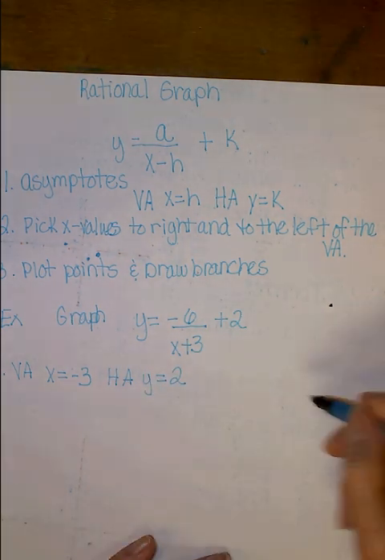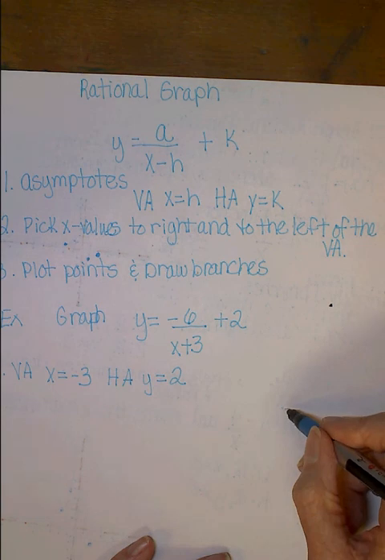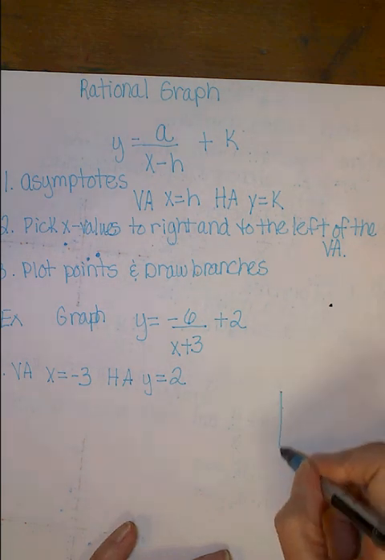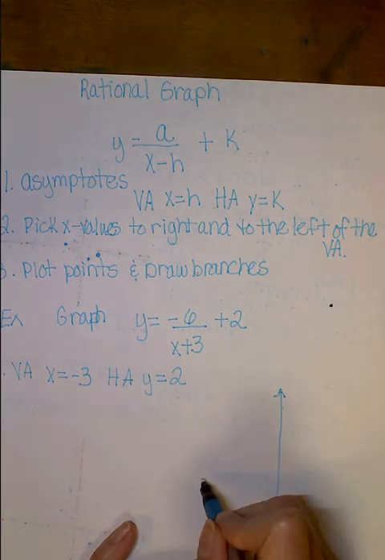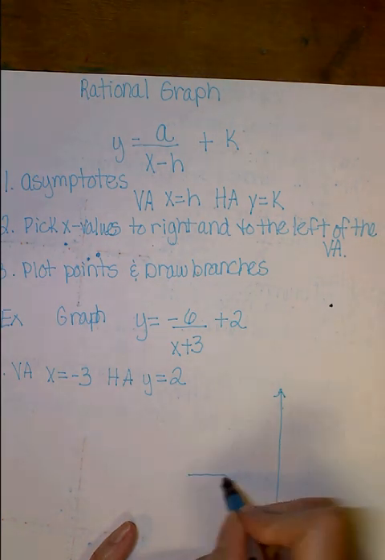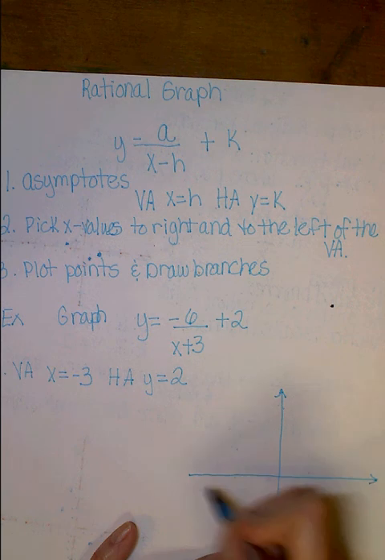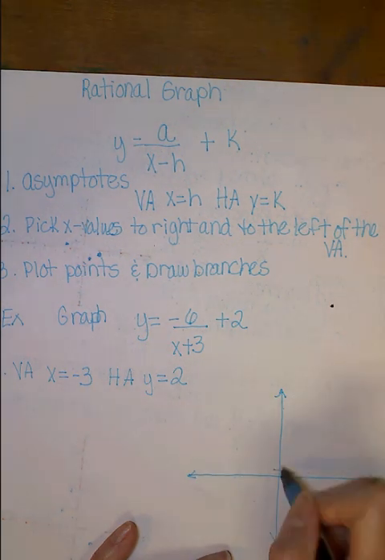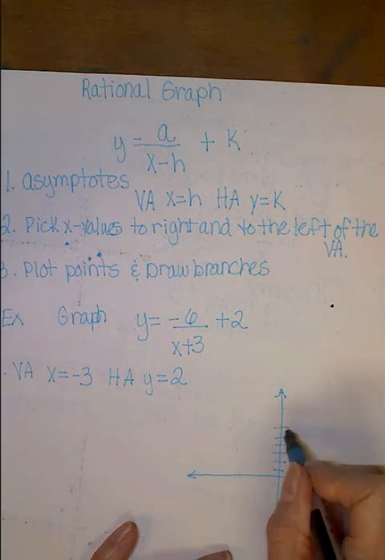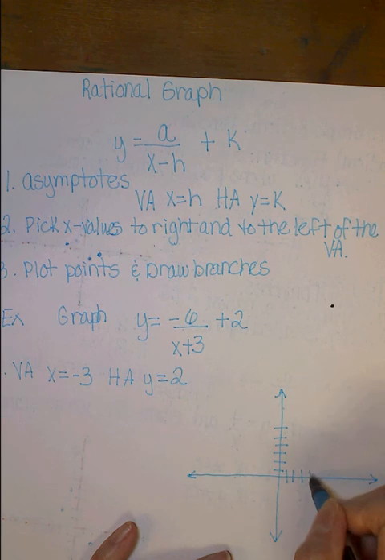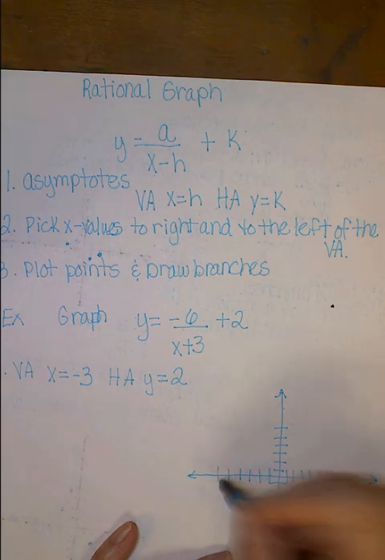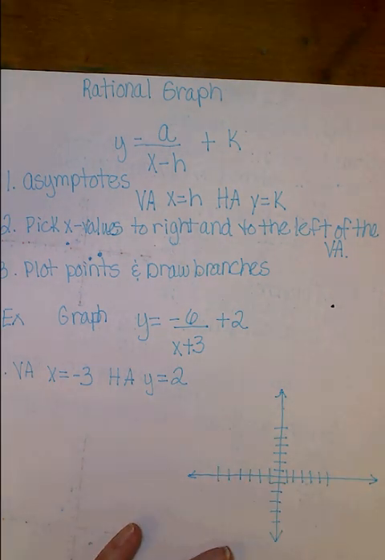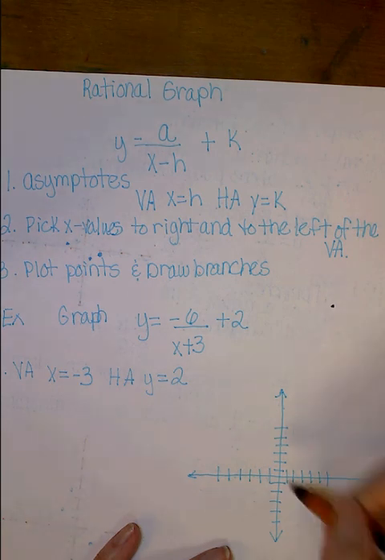Okay, so let's go ahead and make our graph and put in those asymptotes, because that will really help you to visualize what's happening here. Alright, so our vertical asymptote is at -3.